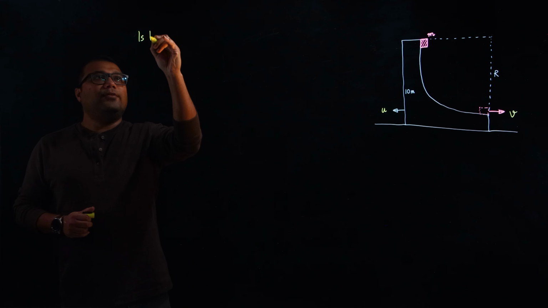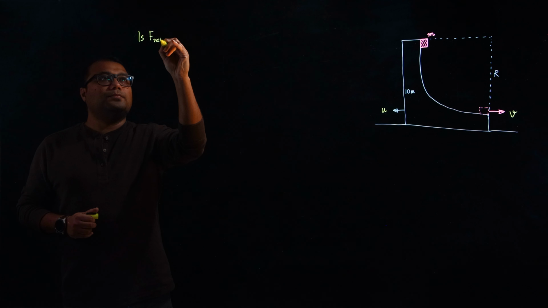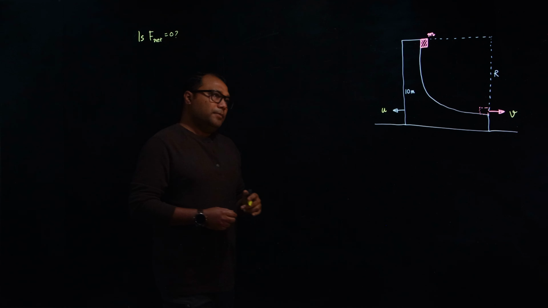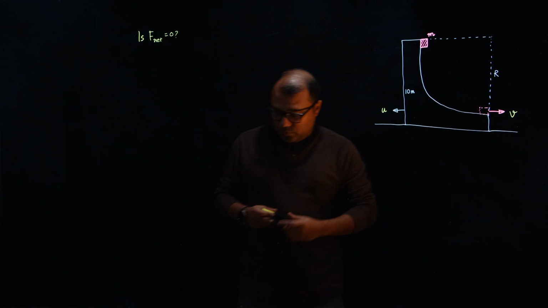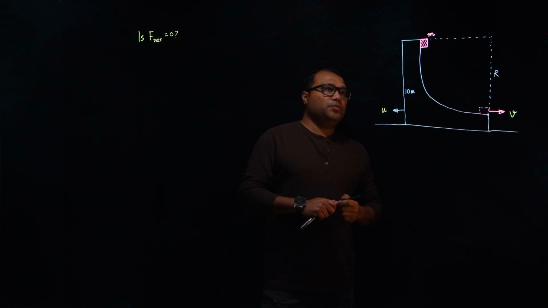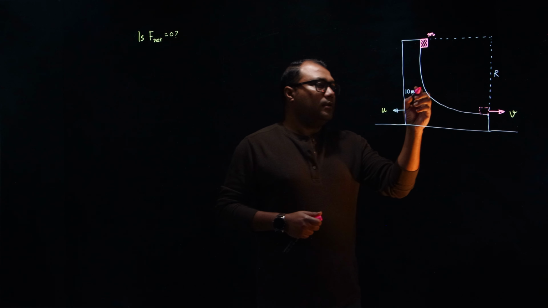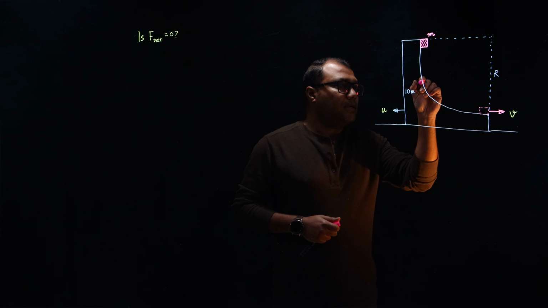Is F net equal to 0? Well, to figure that out, let's quickly do a free body diagram of each of these masses. Now let's say this mass has slid down to this position.